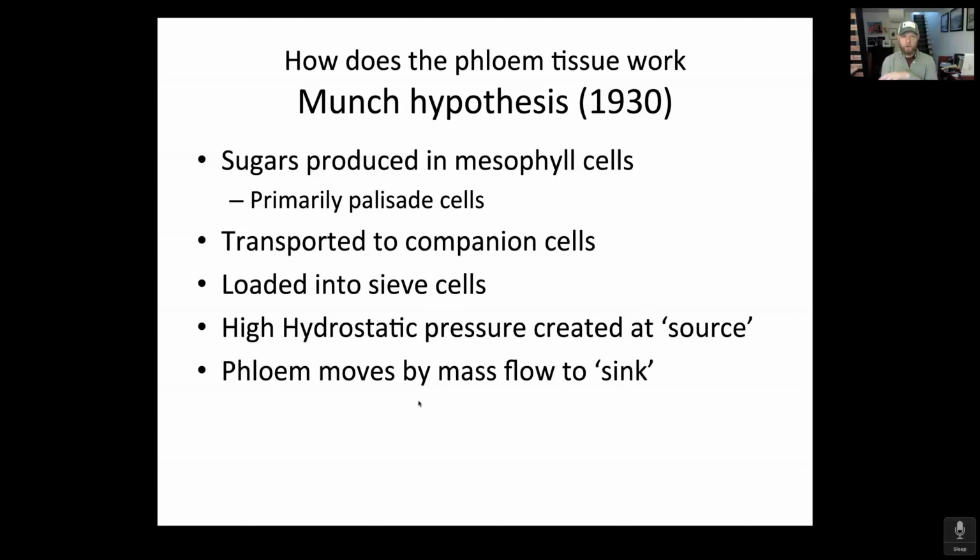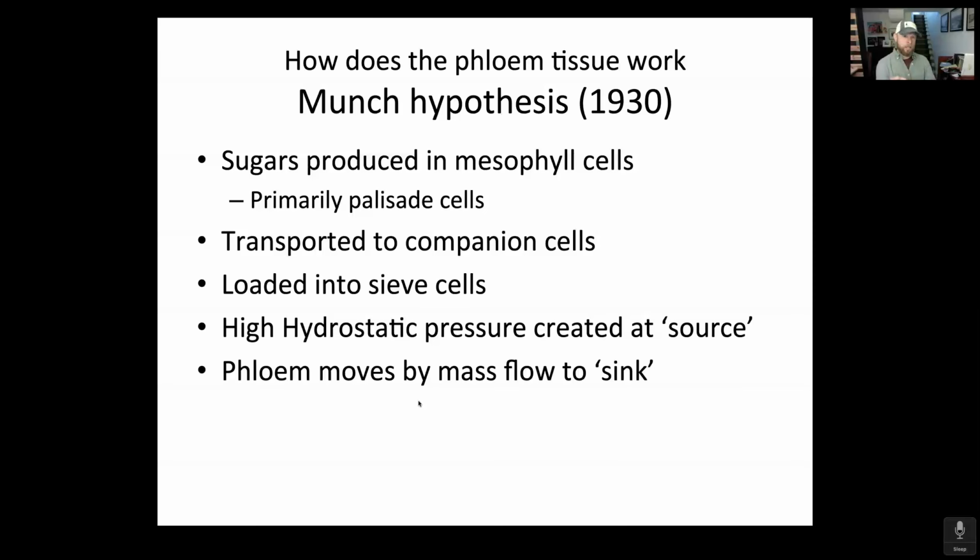And so the proposed mechanism is that we know sugars are produced in the mesophyll and palisade layer in the leaves of plants through photosynthesis. And so those sugars then are transported to those companion cells that we just looked at. Then within the companion cells, there's machinery that will load those sugars into the phloem.